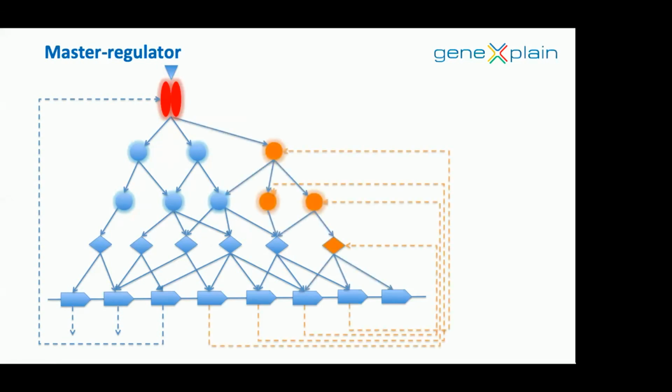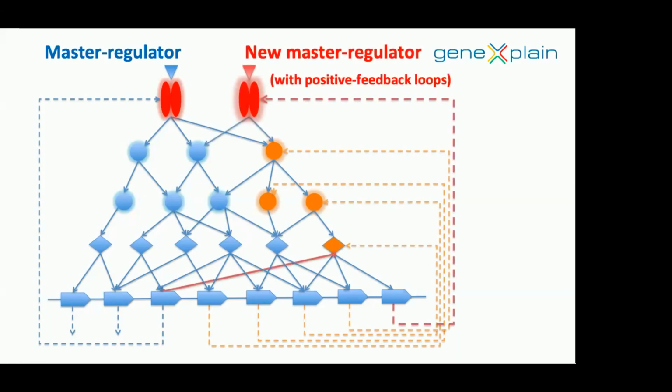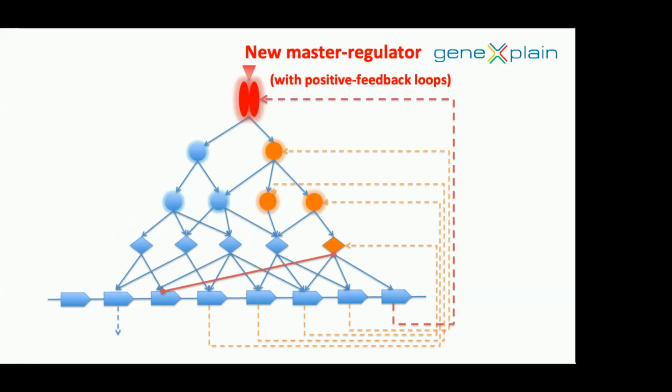Moreover, in different diseases, like for instance in the response of the cells to infection, or in inflammation, as we will talk about later, this regulation is really changing. So instead of the initial master regulators, the system finds new master regulators with so-called positive feedback loops.